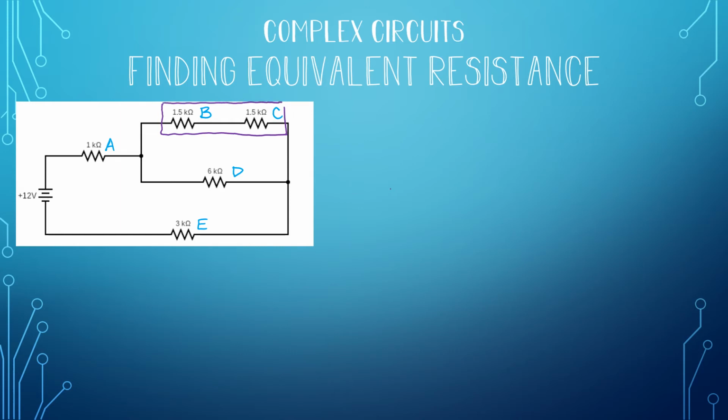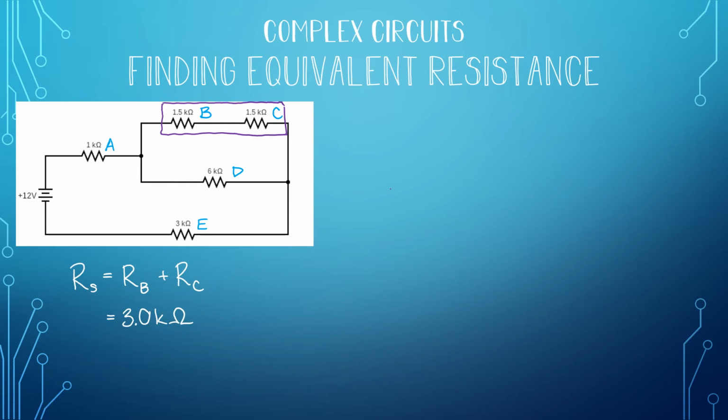And so I'm going to combine these 2 resistors to form a single resistor with the same resistance as those 2. Since they're in series with each other, I know that my equivalent resistance can be found by adding them. So I'm going to add the resistance of B plus the resistance of C. So I have 1.5 kiloohms plus 1.5 kiloohms, which I know gives me 3 kiloohms.